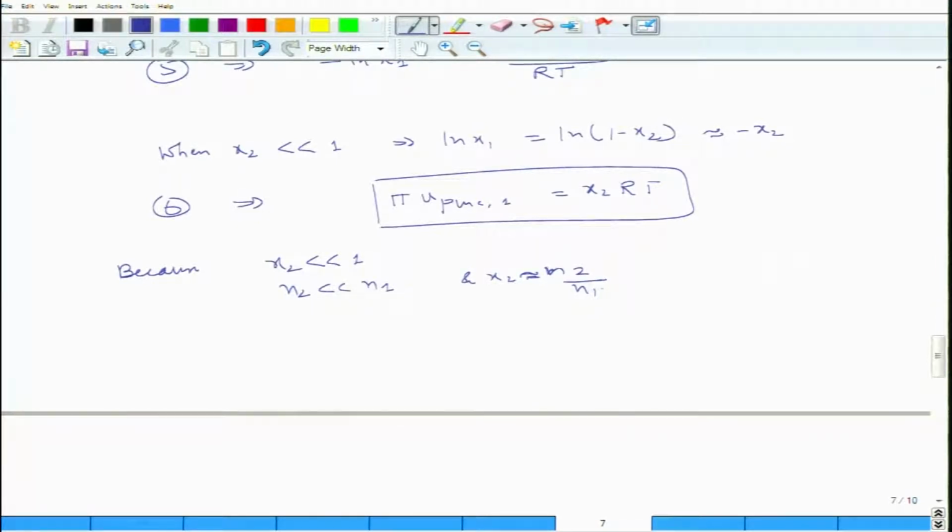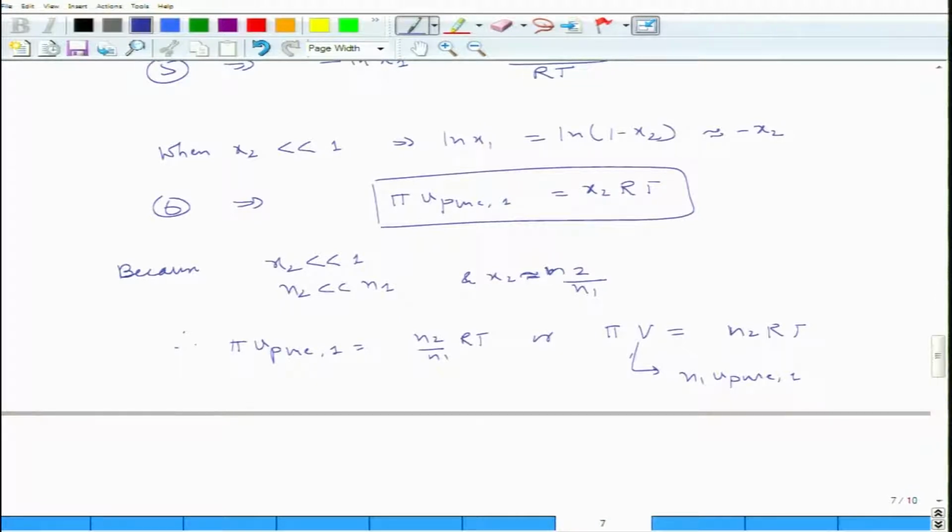So, n1 plus n2 in the denominator can be simply written as n1. Therefore, pi v pure 1 is nothing but n2 by n1 RT, or pi v is equal to n2 RT, where v is nothing but n1 v pure 1. This is the total volume available to n2 moles.